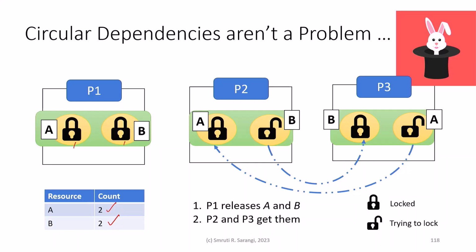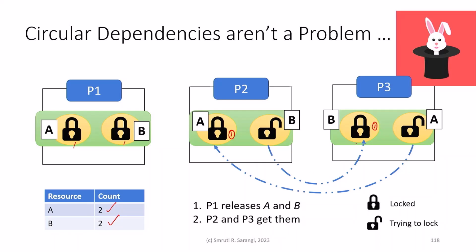Out of that 1, 1, process P2 has locked 1 instance of A and process P3 has locked 1 instance of B. So basically all 4 instances are locked, and furthermore process P2 desires an instance of B, but it will not get it because there is no free instance available.